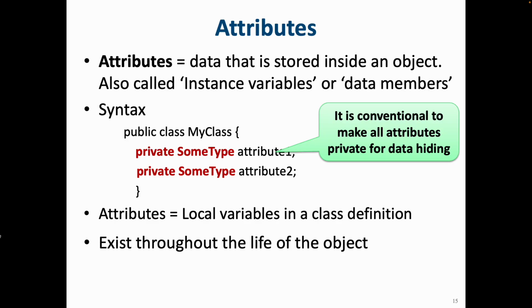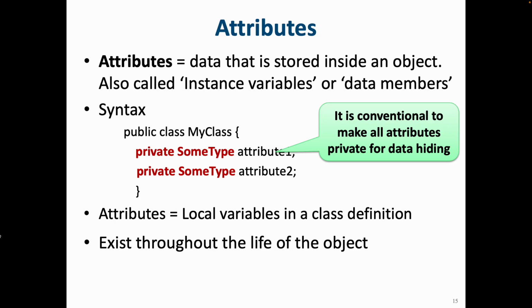And we define each attribute within a class with some access modifier, for now we will talk about private, and then a data type. It can be integer, string, or any data type, or maybe it can be another object. Like maybe I'm defining a student class, and then the classes that the student has enrolled in so far can also be an attribute.